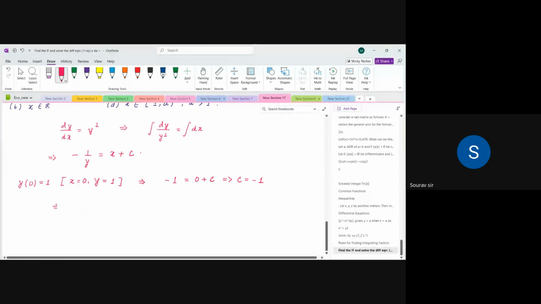So that implies if you replace it, minus 1 by y is equals to x minus 1. That means y is equals to 1 upon 1 minus x. Correct?